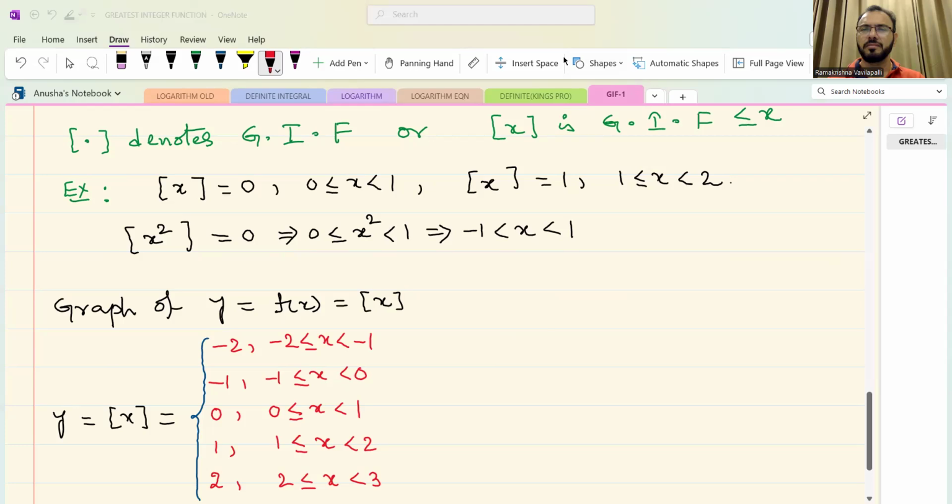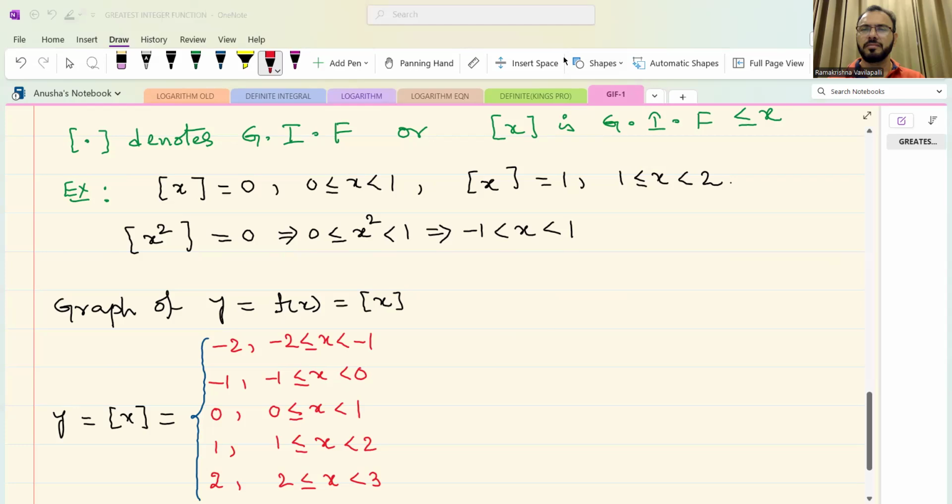See, it is looking like steps. That's why some people call it a step function, but I don't want to call it a step function. I just say it is the graph of the integral part of x. So this is the graph of y equal to the integral part of x.